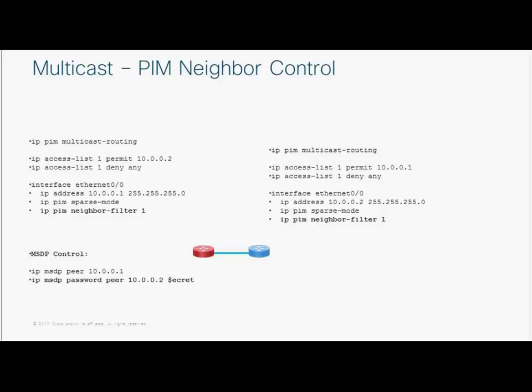How can we control the PIM neighbors? Well, we have a feature that we can use, the neighbor filter. You can see here that I have first configured an access list, then permitted the neighbor's address, and then used a neighbor filter under the interface. In that way, we can filter which sources of multicast PIM control traffic we are receiving.